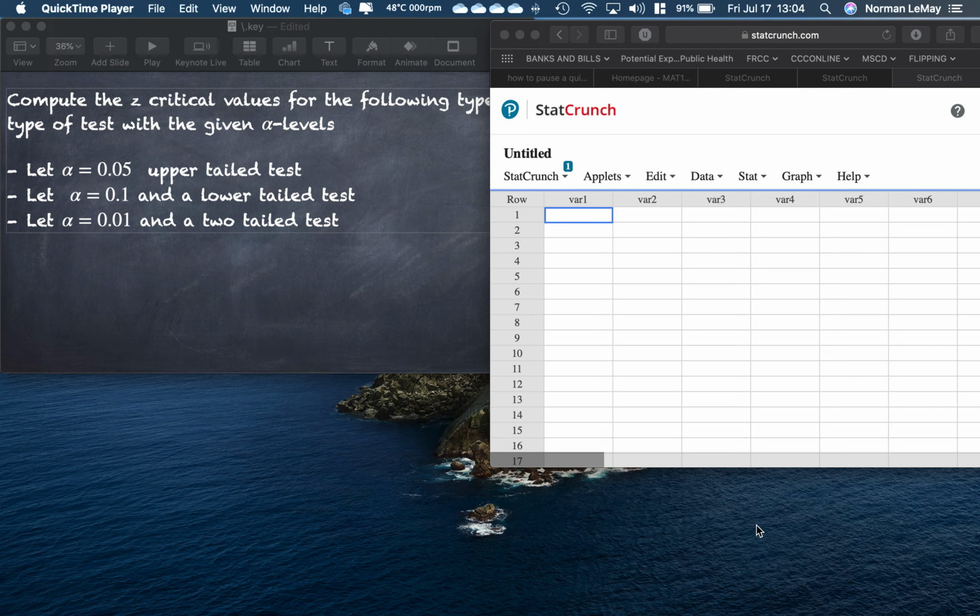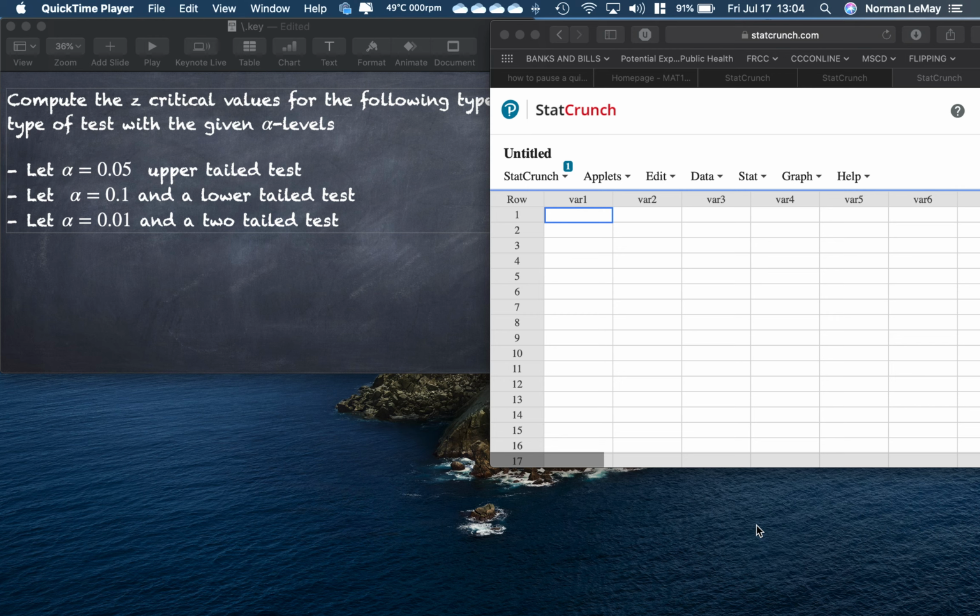All right, so let's just recall that the critical value is kind of the fence line between the rejection region and the non-rejection region. If your test statistic falls in the rejection region, then you will reject the null hypothesis.